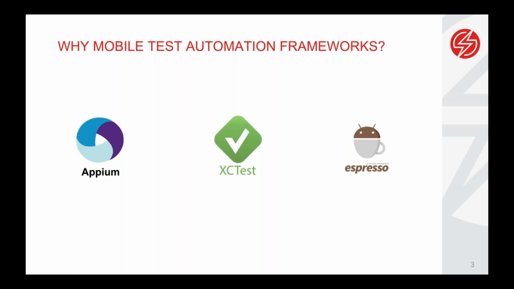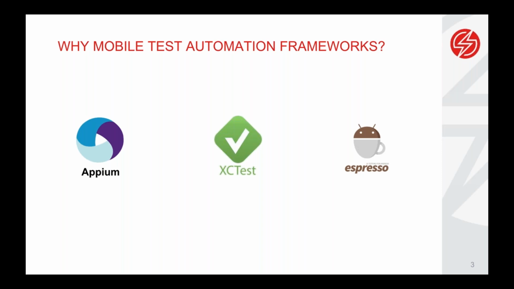Now, what you see on the screen are some of the most popular test automation frameworks. You have Appium, then you have XCTest and XCUITest, as well as Espresso. There are a ton of automation frameworks out there. Some additional ones are Detox, and you have EarlGrey as well.